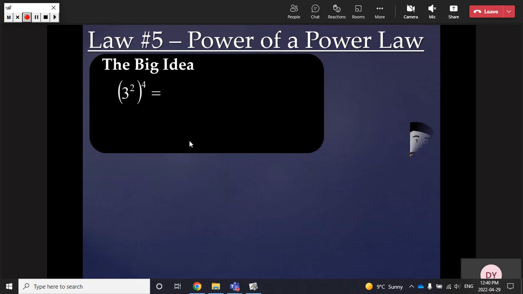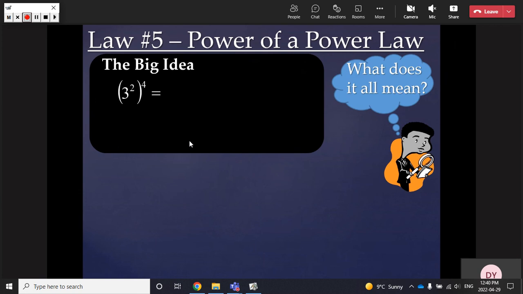How about this? We have 3 squared, to the power of 4. What does that even mean? 3 to the power of 2 to the power of 4. Isn't that weird? It's a weird problem. Yeah, Jonah, what's up? Well, it's 3 squared to the power of 4.